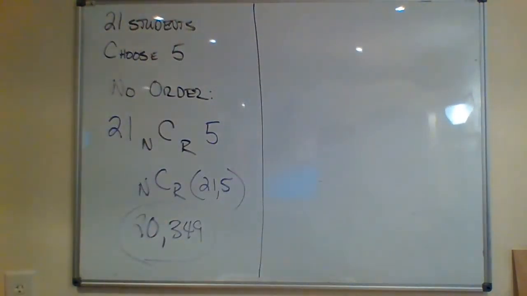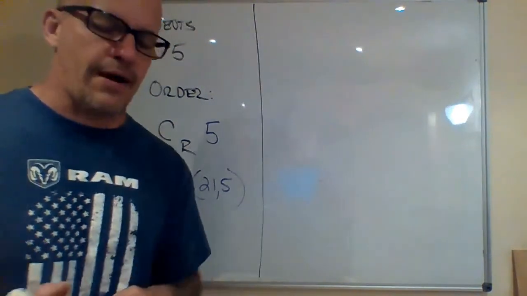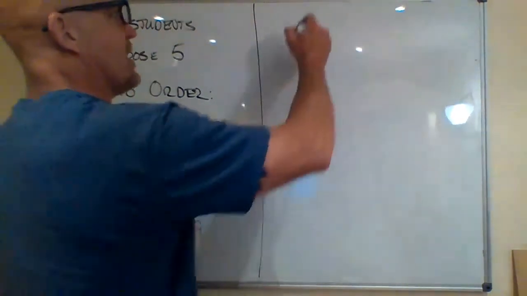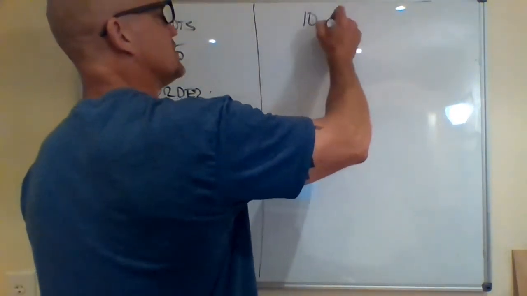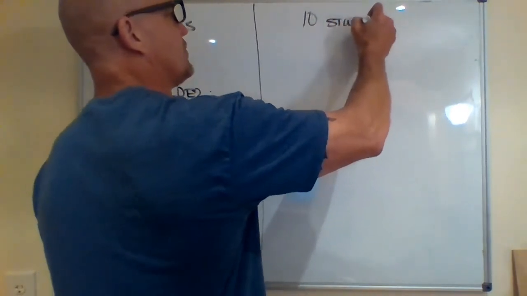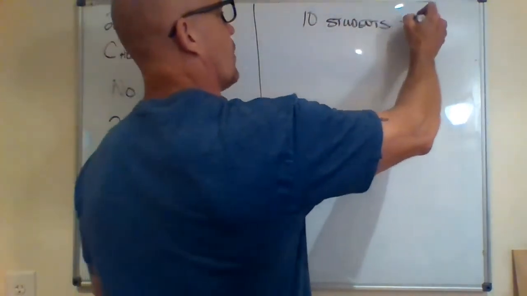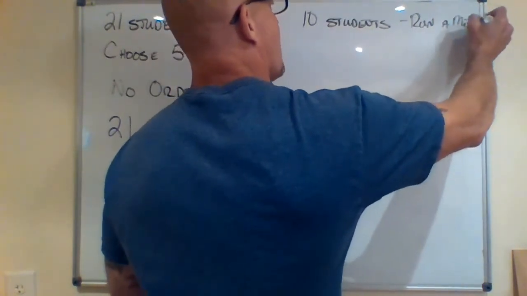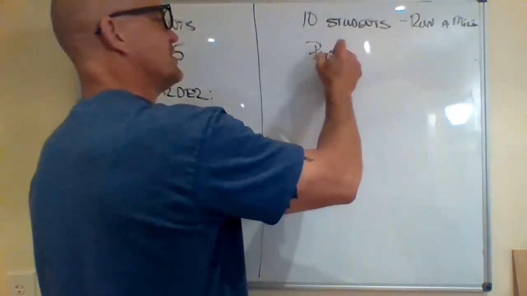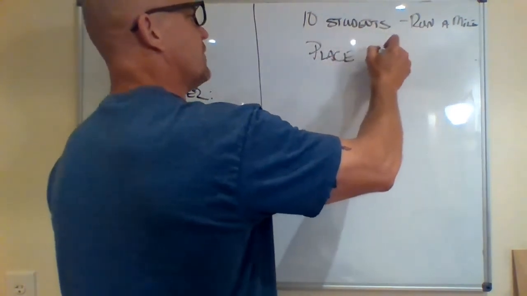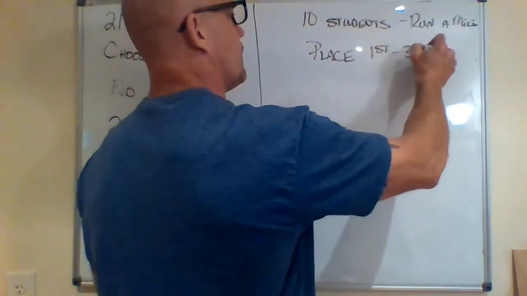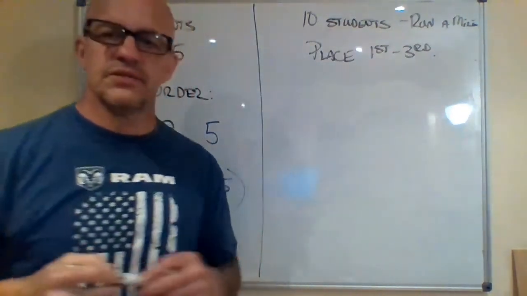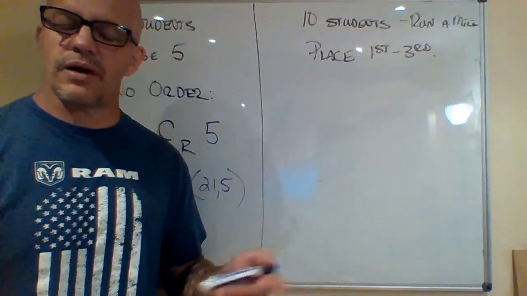Now, what about a situation where order matters? Let's say we have 10 students line up for a race. They're going to run a mile, and I am going to place first through third. How many ways does that work out?